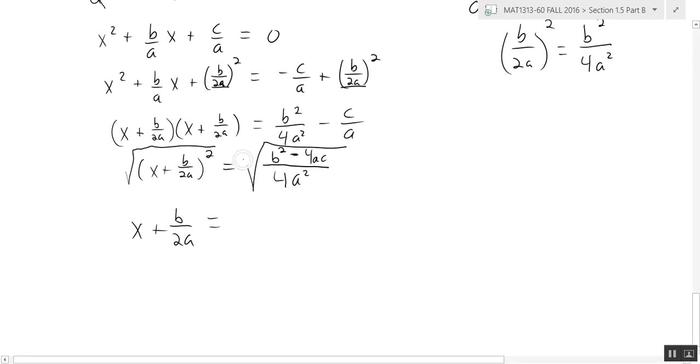And what do we have to remember to put in front of the one side? When you take square root of both sides, you have to put what in front of one side? Plus or minus, right? And so I can break this up, the square root of the numerator over the square root of the denominator.